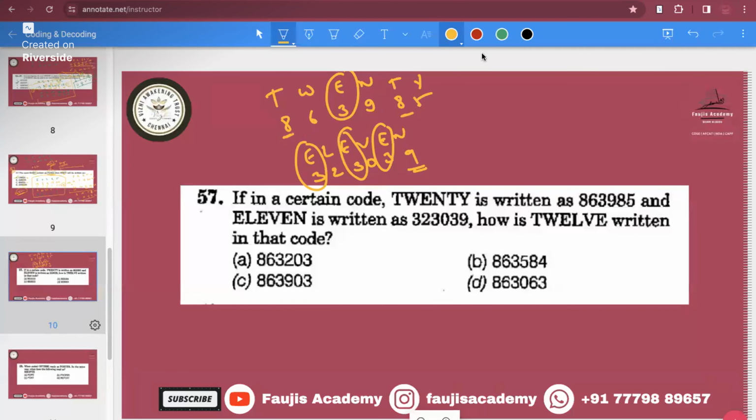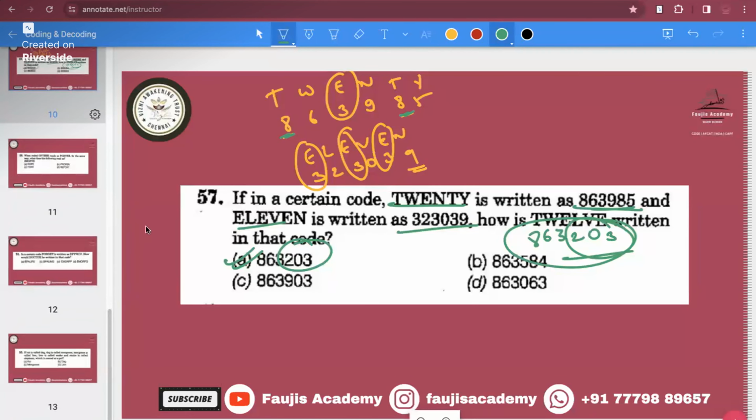T is your 8, W is 6, E is your 3, L is your 2, V is your 0, and E again is your 3. So which one is the answer, 2 or 3? 2 or 3 is your first answer. This was easy, the key is already given. Using this key, we need to open this code. Cool, guys. Shall we move on?